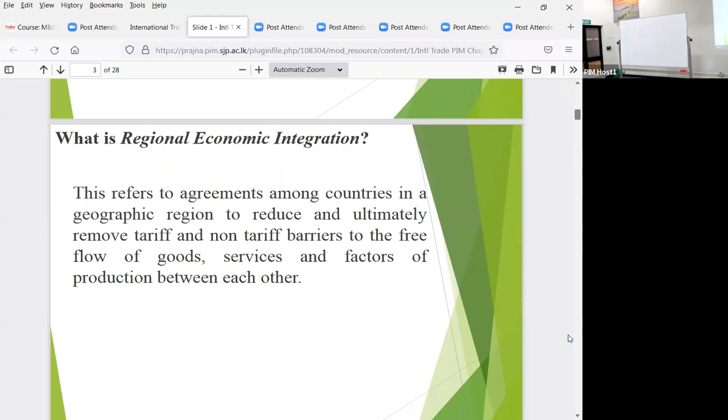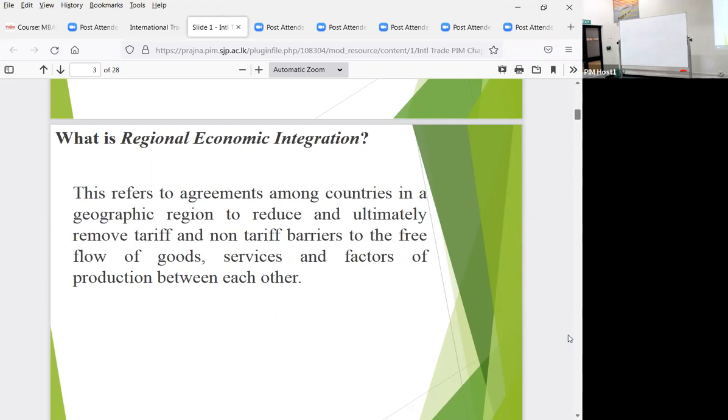Then what is the next word? What is factors of production? The free movement of factors of production. Entrepreneurs, yes. So there are land, labor, capital, and entrepreneurship.